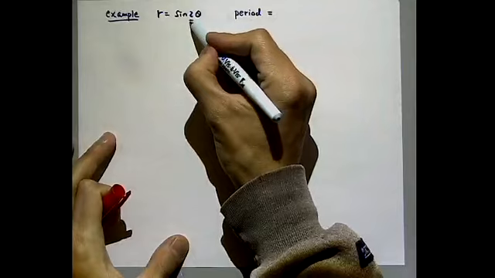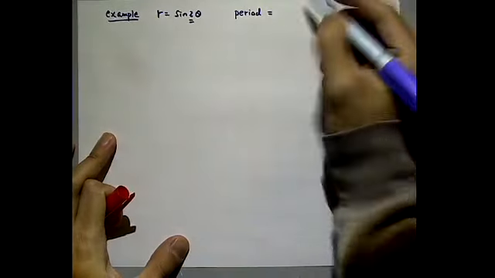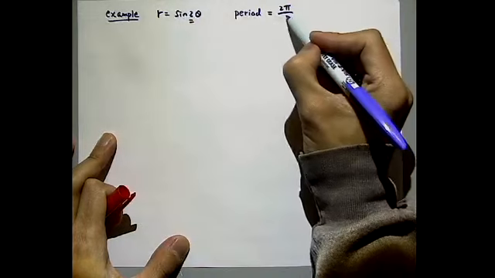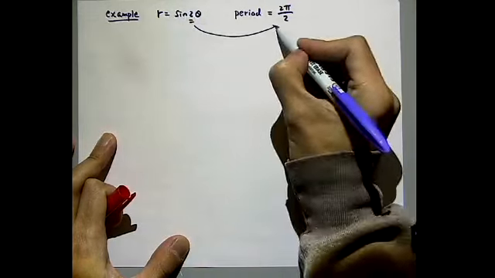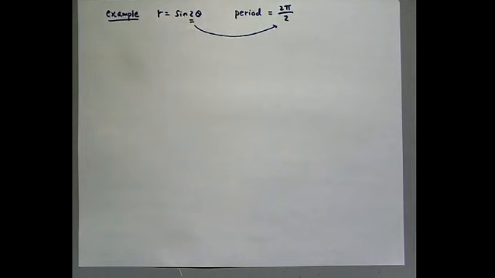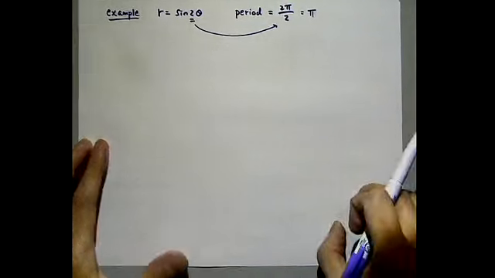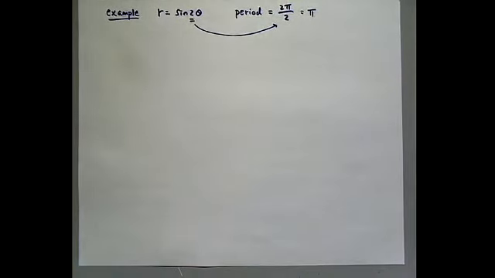Right, so what you do here is you take 2 pi divided by the coefficient of that theta. So cosine of 2 theta, sine of 2 theta, tangent of 2 theta, everything is the same way. You take 2 pi over the coefficient of theta. So this tells me my period for this graph here is pi.